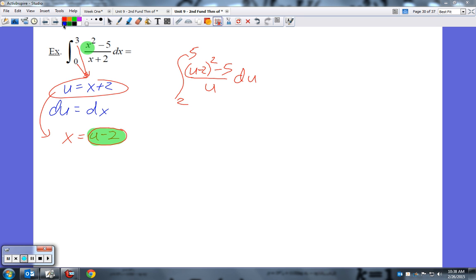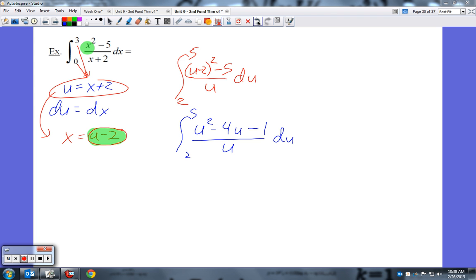Not yet. I need to simplify. Just like in derivatives, we always simplified before deriving, to make it easier on ourselves. We're going to do the same thing. We get u squared minus 4u plus 4 minus 5. You see that? Folding and then doing that minus 5. I'm going to go ahead and change this to minus 1 right now, just to save room and time. So minus 1 all over u du, still from 2 to 5.